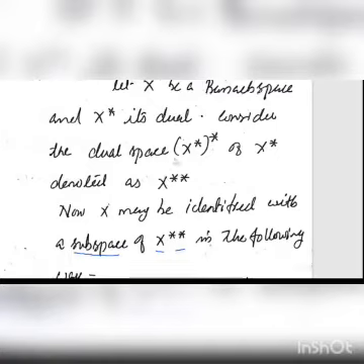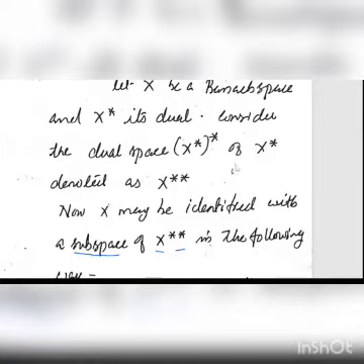Since it is not mentioned that it is onto. So you may be asked to show that whenever X is a Banach space and X star is its dual, X is identified with a subspace of X star star.